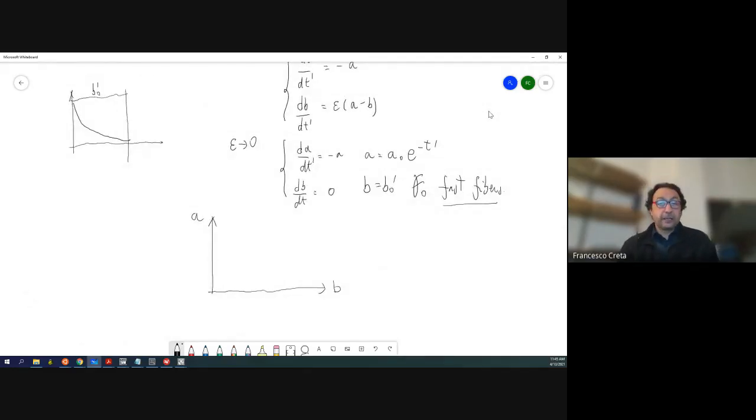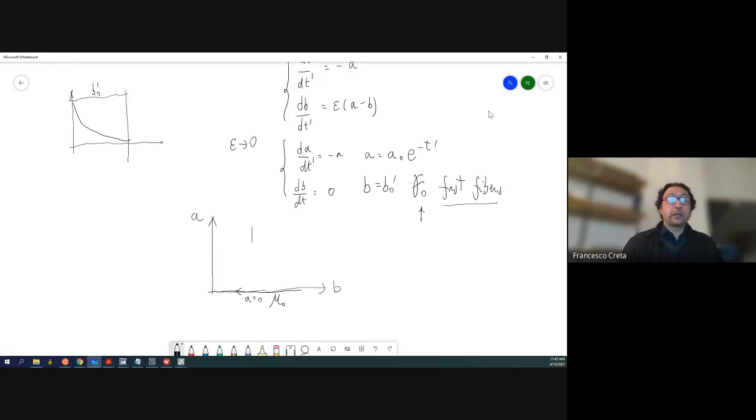So this line here, A equals 0, is my slow manifold. On this line I'm going to have my slow evolution of B, slowly decaying towards 0, with a time scale of order 1. On the other hand, the fast fibers are B equals constant.